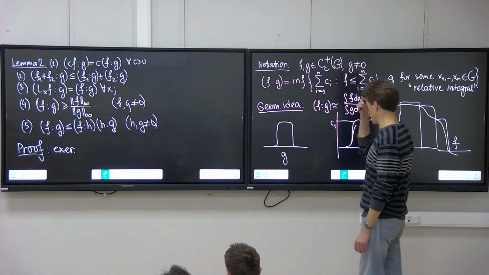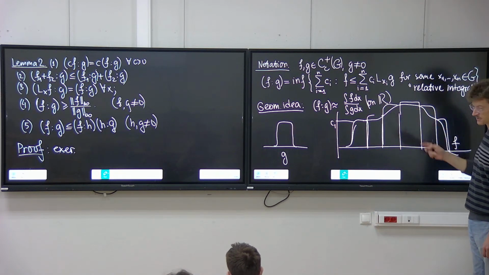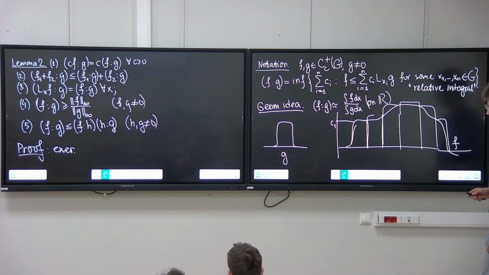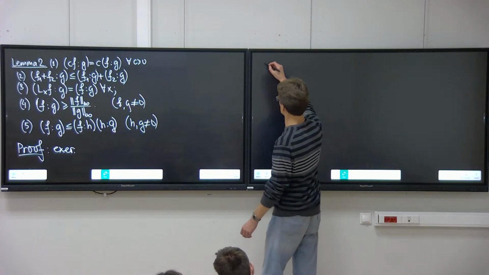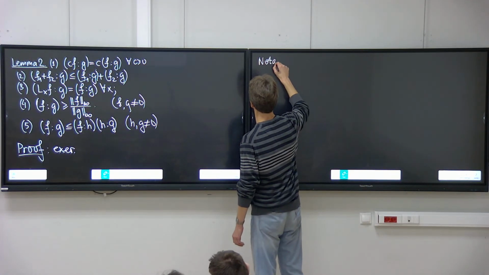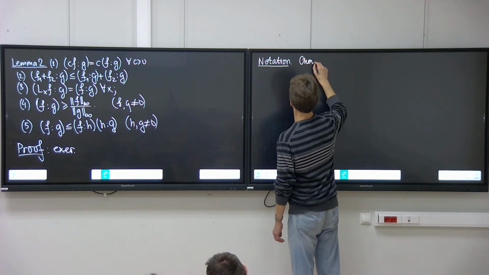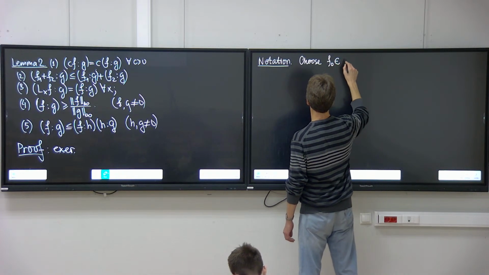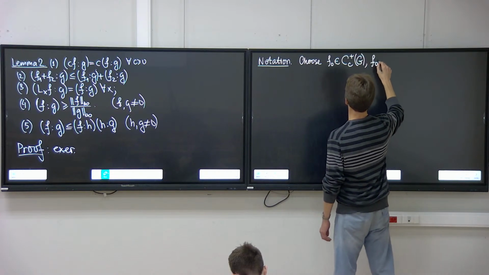Okay, let's now come back to our geometric idea. So as I have already said, to get something reasonable, we must normalize this number by choosing a suitable function whose integral we will declare to be equal to 1. So we'll now introduce some more notation. We choose a function of 0 which is not identically 0.